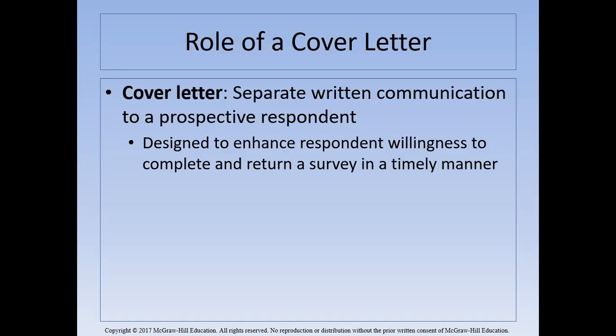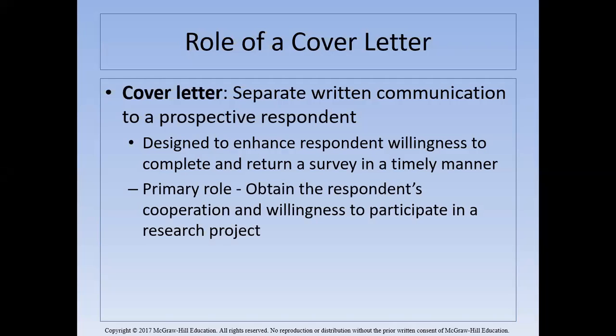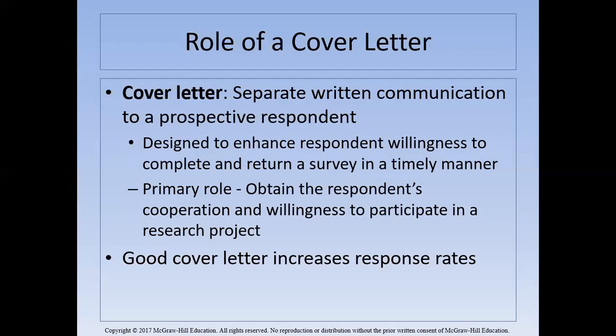This is something that you write to make sure the people who are responding are willing to respond, to increase it, and obtain the respondents' cooperation and willingness. So you say if you answer these, you're going to be in one of the draws to win a trip to the Bahamas or something like that.